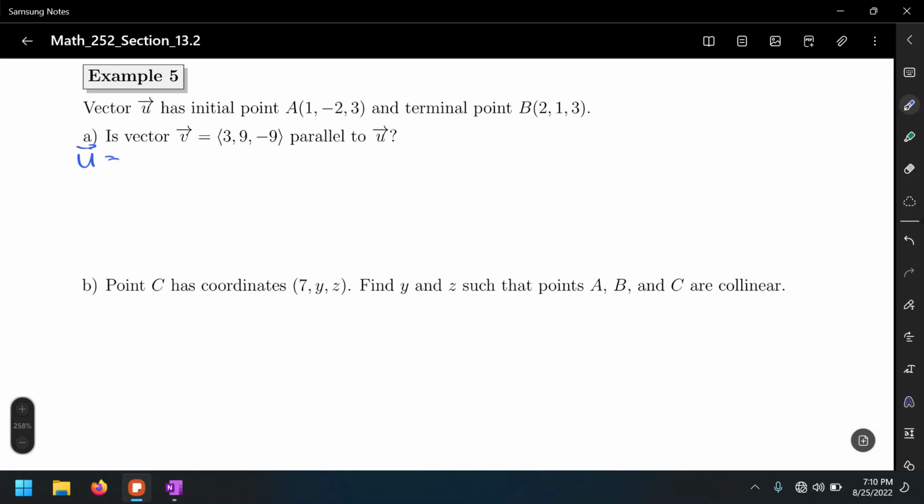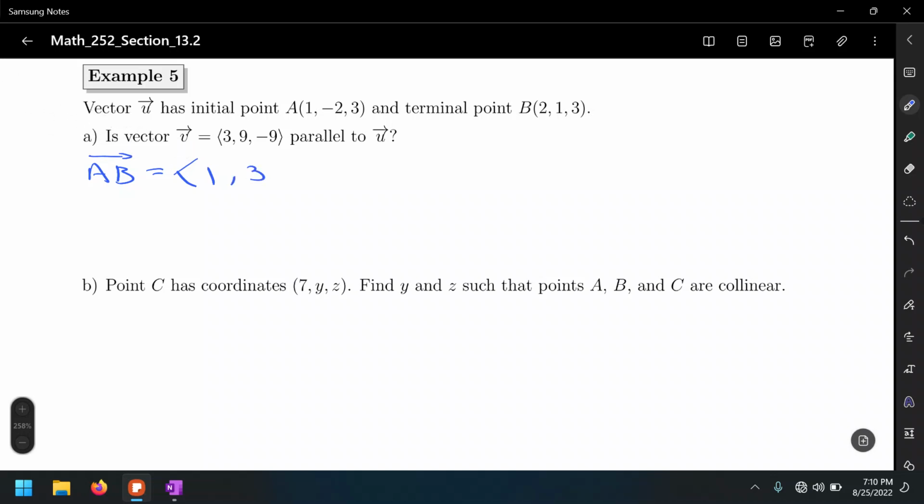Let me denote it AB instead of u, because then there's a point C coming up, and so we can have all the same notation. So 2 minus 1, that's a 1. 1 minus -2, careful, that's a 3.